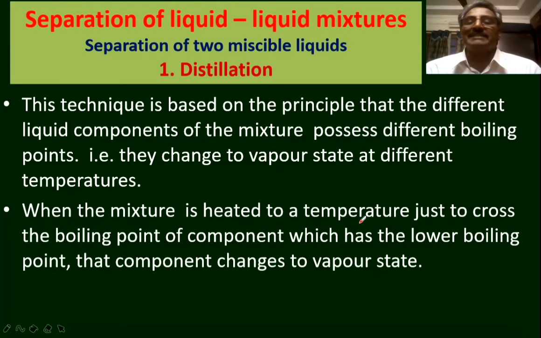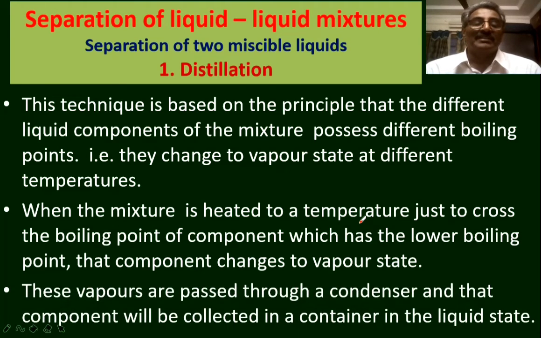When the mixture is heated to a temperature just to cross the boiling point of the component which has the lower boiling point, that component changes to vapor state. These vapors are passed through a condenser and that component is collected in a container in the liquid state.